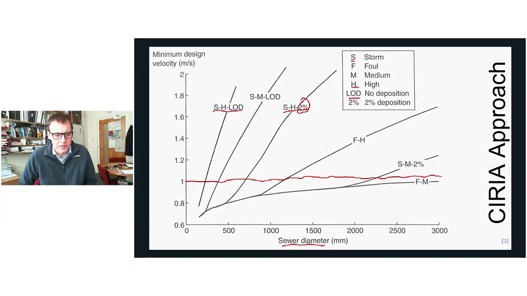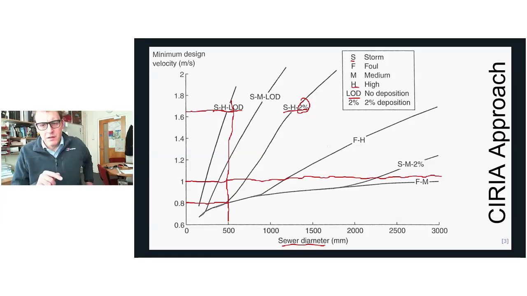If we were looking at, say, a 500mm pipe using this method, if we were willing to allow 2% deposition, the minimum velocity criteria could be just 0.8 meters per second. But if we went for keeping it completely clear, the minimum velocity criteria comes way up here. It's probably just over 1.6 meters per second.